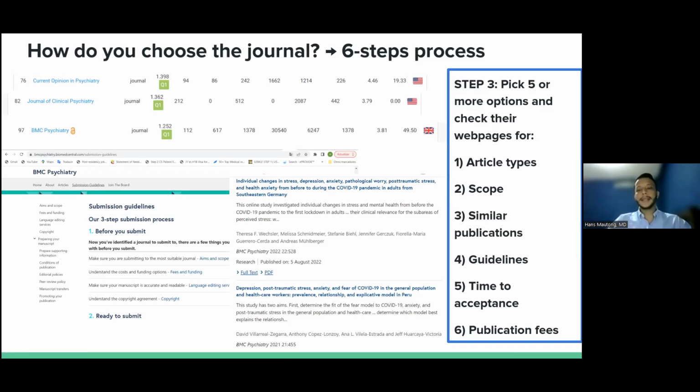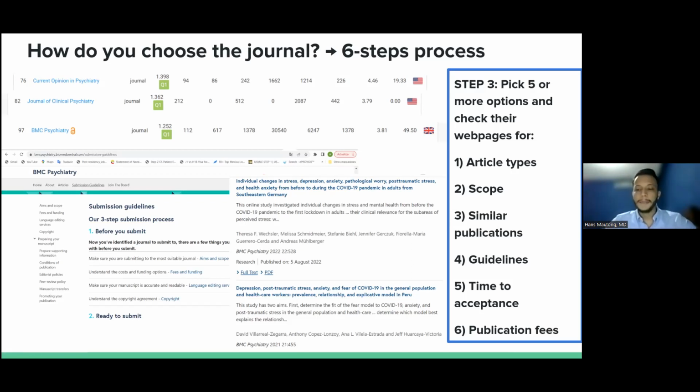Okay, so next I will search for the guidelines. Every journal has its own guidelines, which can be pretty unique to some of them. This is basically the formatting that you have to apply to your research paper to submit your manuscript. And usually some of the journals have the time to acceptance in their webpage or the guidelines. Most of them don't, but it's information that you should be able to gather there some of the time.